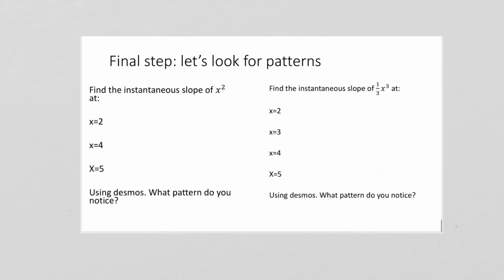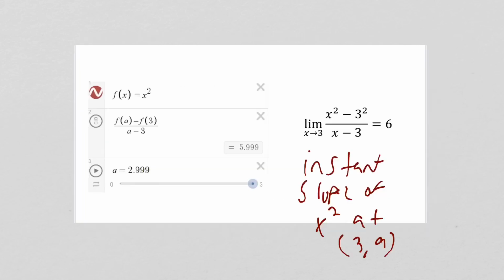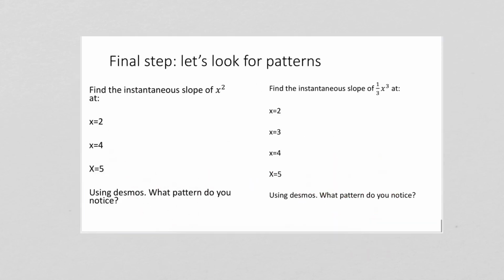Okay, so your last step here is you're going to find the instantaneous slope at x equals 2, 4, and 5 using this same method, and see if you notice a pattern between the x value and the slope you're calculating. And then we're going to do 1/3 x cubed as another function, and we're going to do 2, 3, 4, and 5. Remember, you already did 3 in the example back here, so we did not do it again, but we're going to do 2, 3, 4, and 5 for this function.